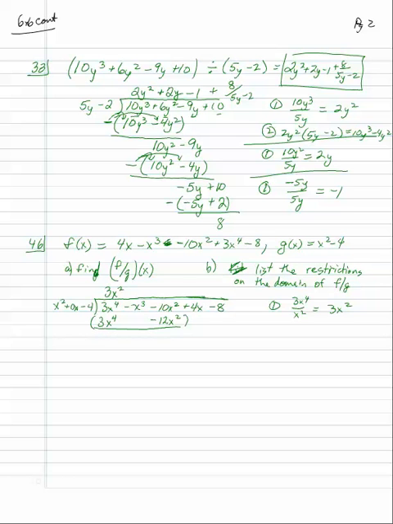Now I'm going to subtract. So don't forget to distribute that minus sign. So negative x cubed plus 2x squared. Bring down the next term. And then we start over. First term divided by first term. Negative x cubed divided by x squared is negative x.